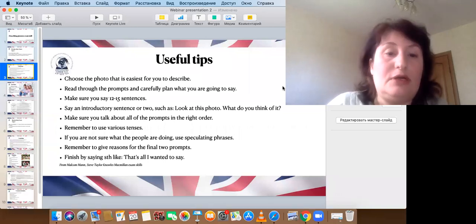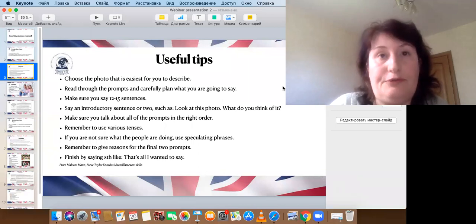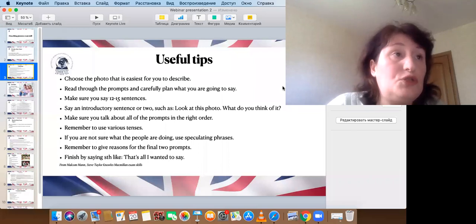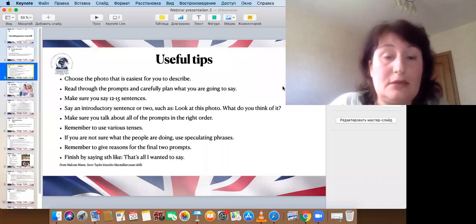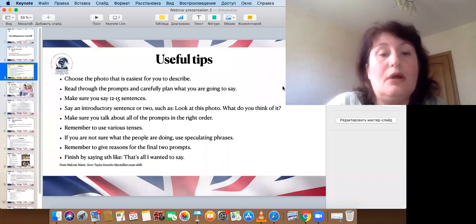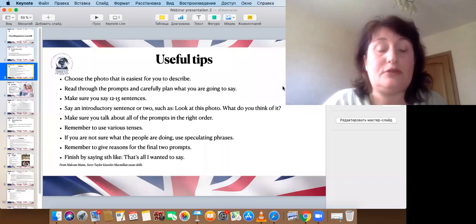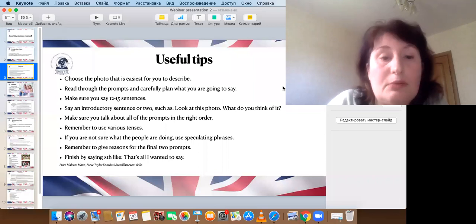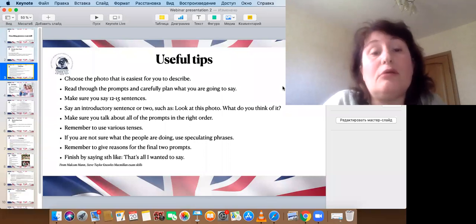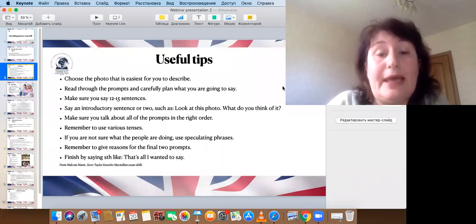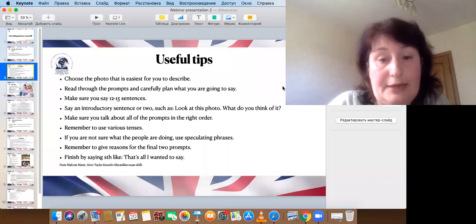Before you choose, you look at all 3 photos and ask yourself which one is the easiest to describe, and you choose the photo that you know what to talk about. The next tip is to read through the prompts and carefully plan what you are going to say.